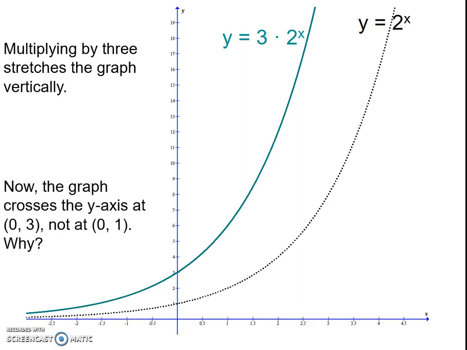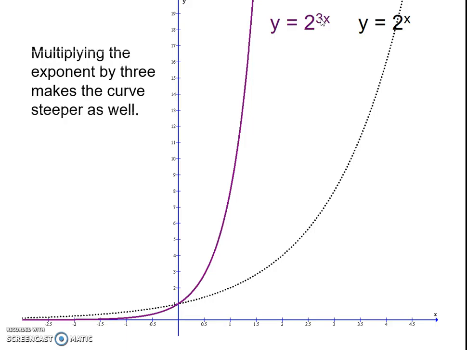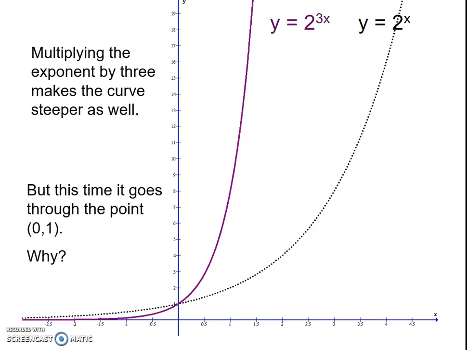Okay, so you can think about that and try and make your own examples and see how the pattern emerges there. Okay, if you multiply the x, that will also make it grow faster. This time we call this a horizontal stretch, but it'll still go through the point 0, 1. Why? Because 3 times 0 is 0.